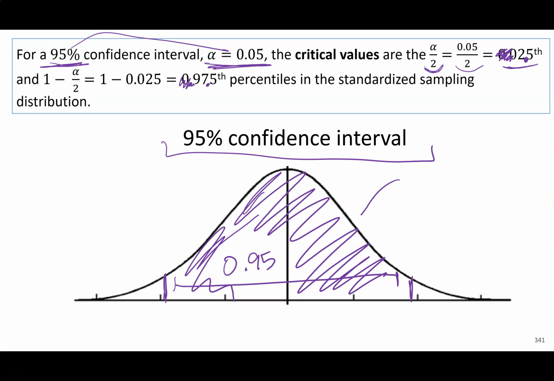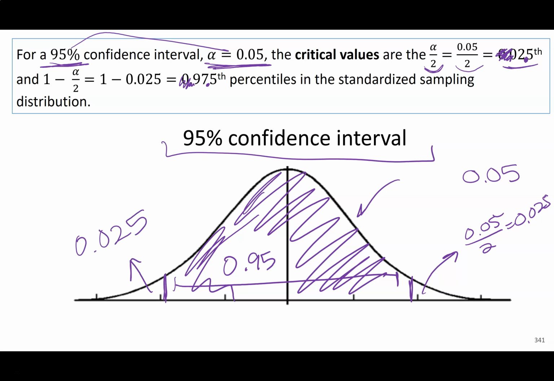If I have 95 inside, that means I have 0.05 left over. Now I have to split it into the tails. So 0.05 divided by 2 means I have 2.5% in each tail. And you can quickly double check: 0.025 plus 0.95 plus 0.025 should add to 1.